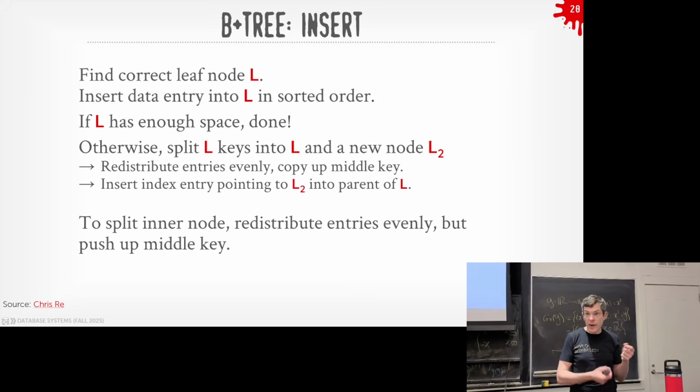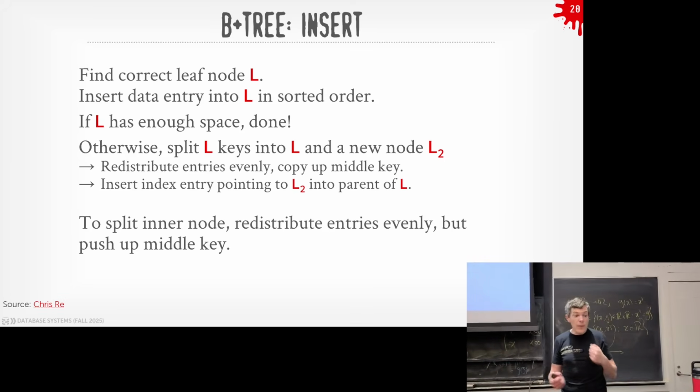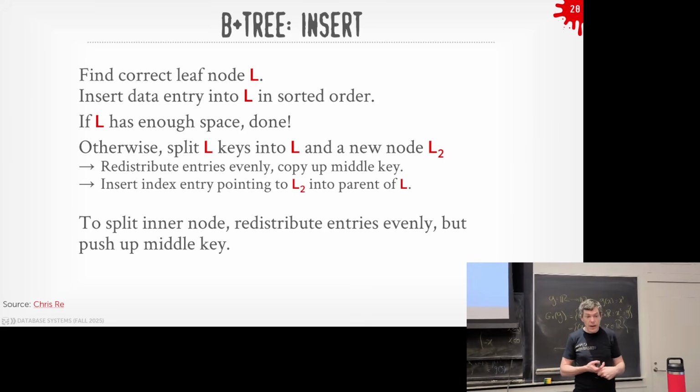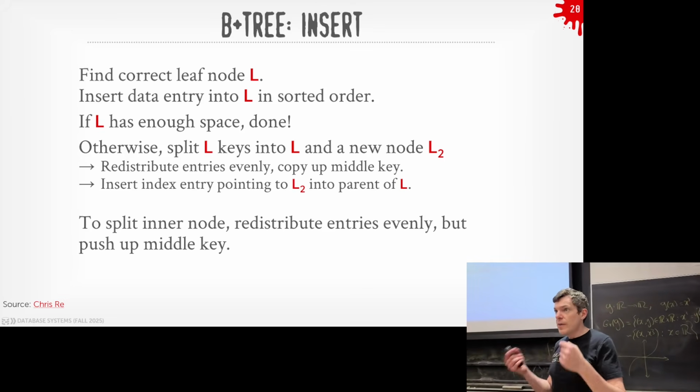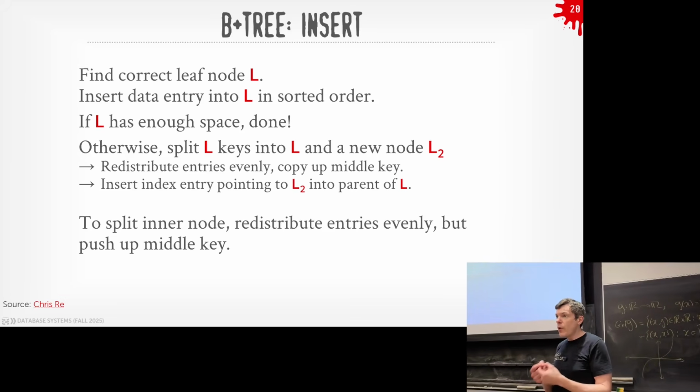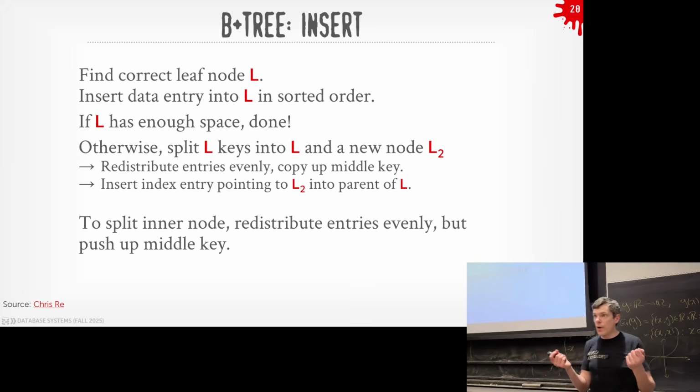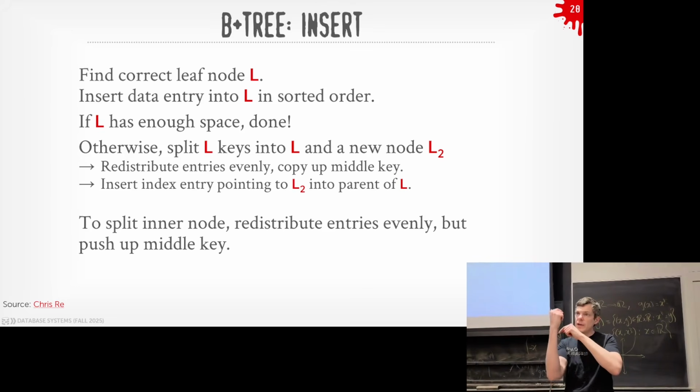If there's not enough space, meaning that the array is full, then we have to do a split. That means we will redistribute the keys in the node that overflowed to other nodes, which may then require us to do a bunch of splits going up the data structure.